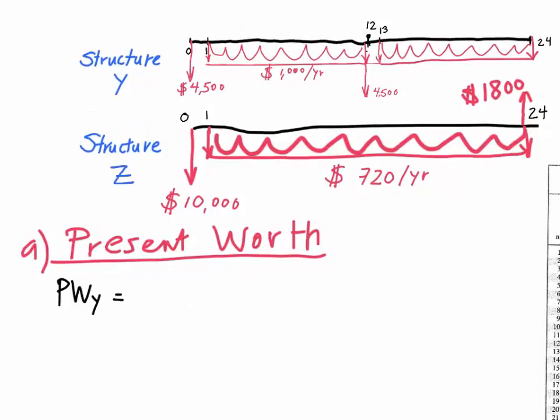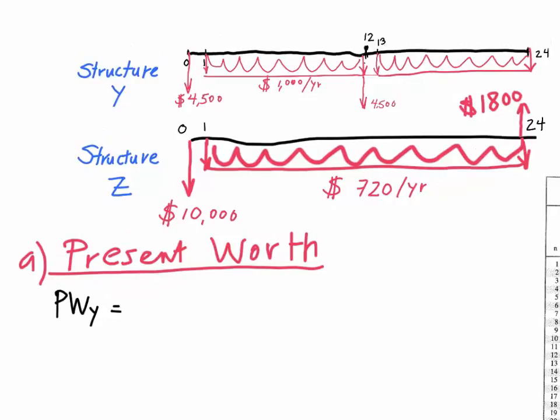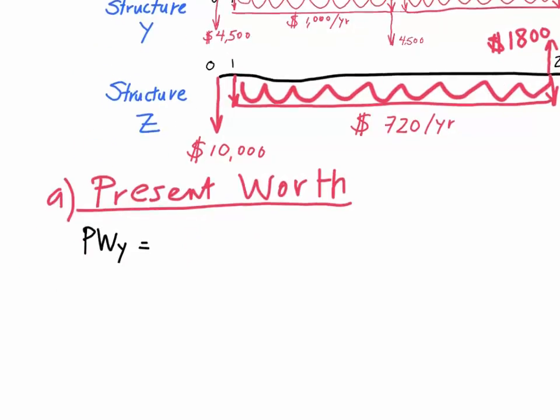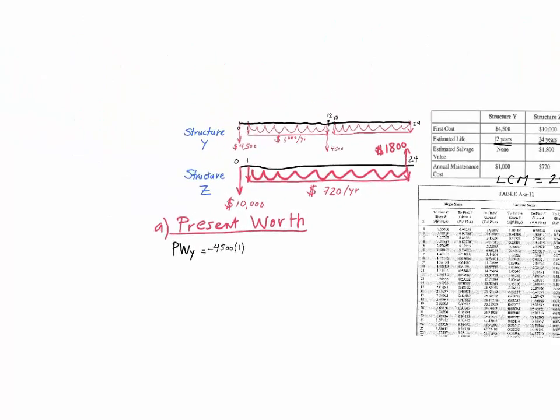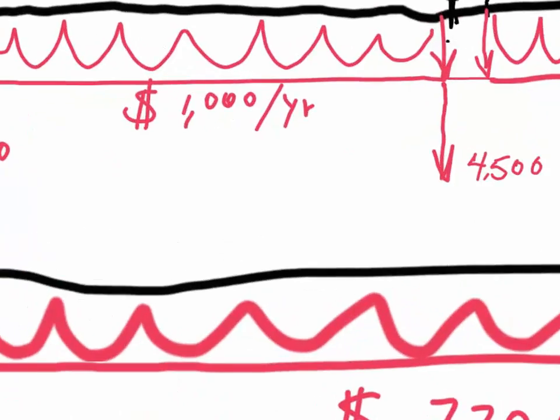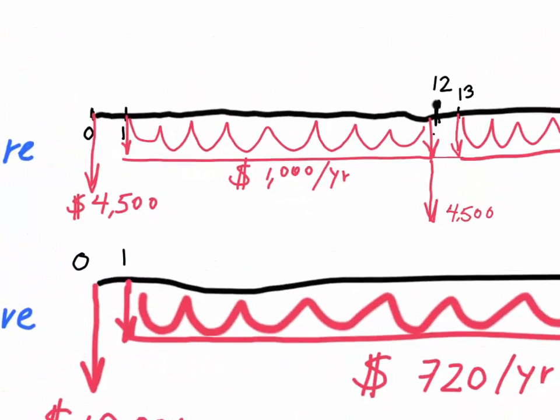Knowing that, I have the 4,500, and I'm calculating the present worth, so it is at its own time. So I will say present worth here will equal 4,500 multiplied by 1, and I would say this is negative because now it's an expense. This is the first one. The second term here is the 45 at year 12. So at year 12, I need to bring it to year 0.